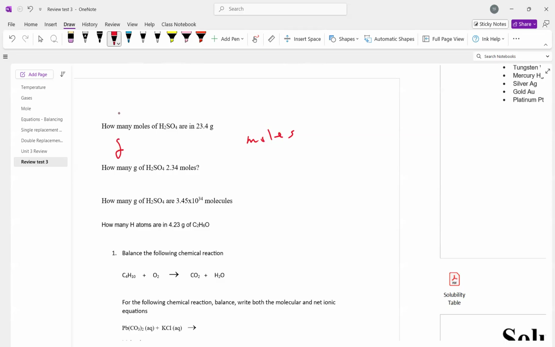All we're going to do now is use the molar mass. Remember the molar mass? Where does that come from? What do we need to find the molar mass for H2SO4? The periodic table.